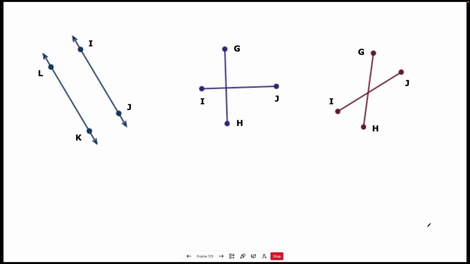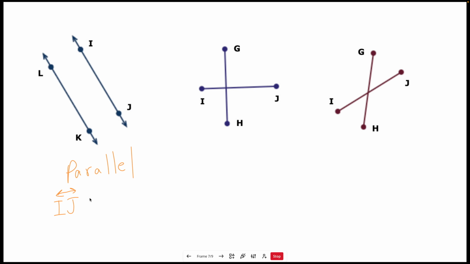Now, the last thing we're going to talk about today is how do you describe these in mathematics. So for this figure on the left, those are parallel lines. The way that you write it mathematically is we would say that line IJ, and we should know how to write that notation, that was the previous lesson.